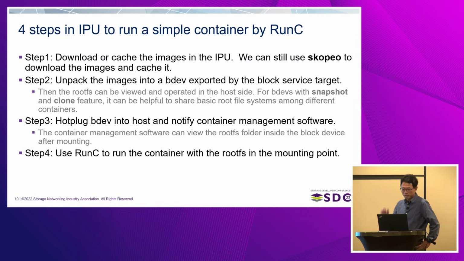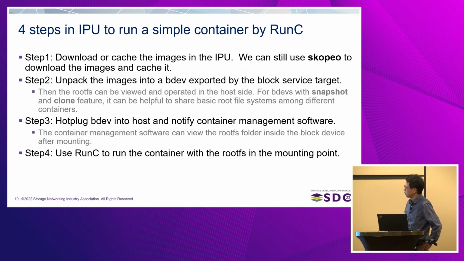And if you do this in the IPU case, you basically just add 1 more step. But the first 3 steps can now be done inside the IPU, which is the same thing. You can use Skopeo to download the image and then unpack the image into a BDEV. When you do this unpack, if the same image is going to be shared by many containers, you can leverage snapshot, clone, and some other features to make that more efficient.